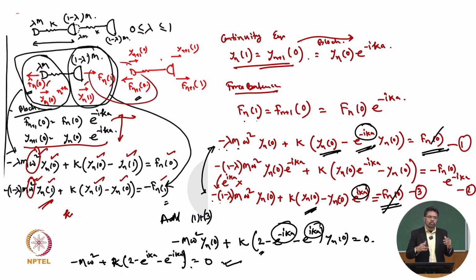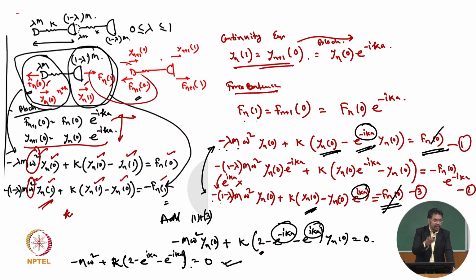So you can think, if we are solving a complex system like a beam, how many degrees of freedom are there in the junction? 2 degrees of freedom.